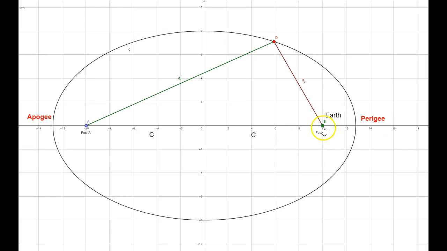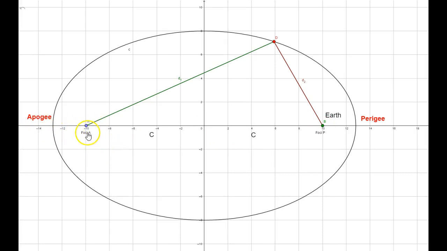This foci I called P because the closest point along the ellipse to this foci, as the object travels along the ellipse, is called perigee for Earth. And the furthest point from this foci P is called apogee.